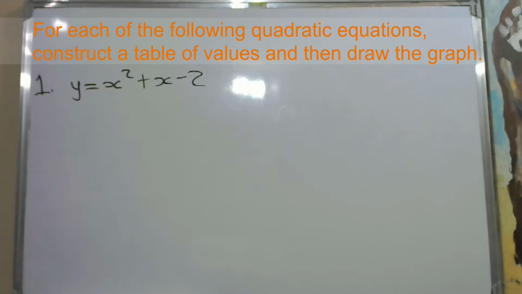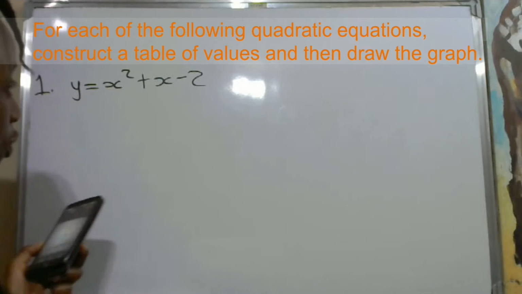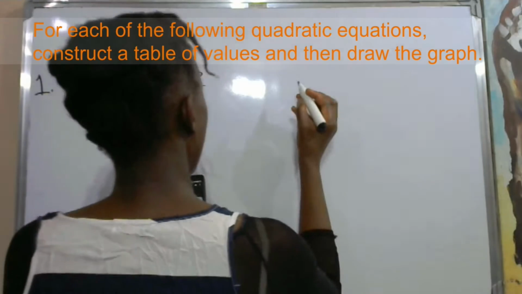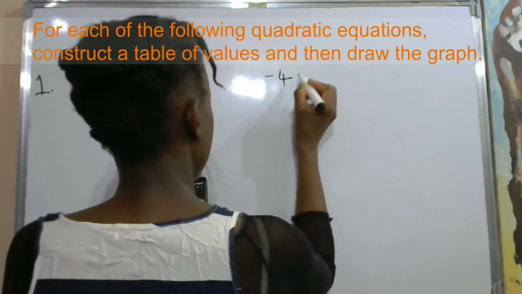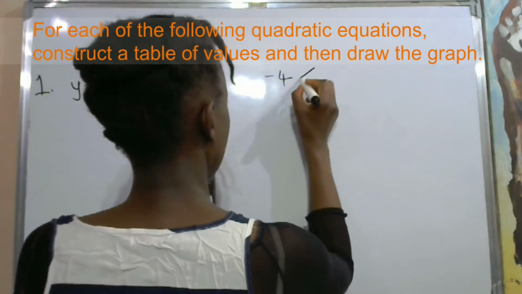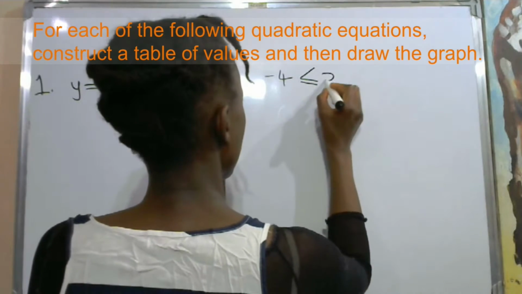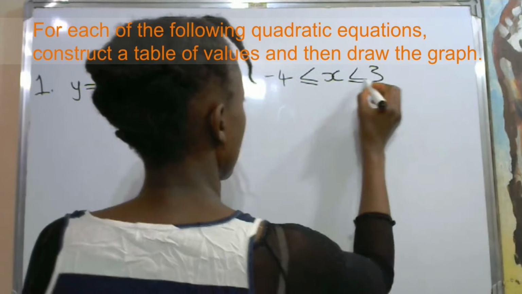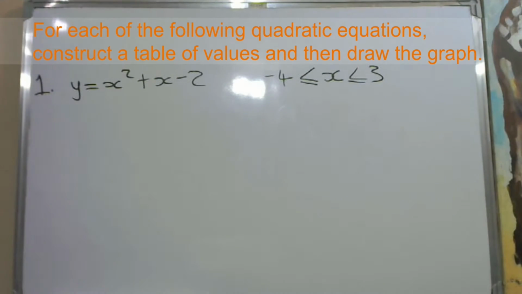And we are given the range of the x values. So our values for x should be from -4 to +3. So those are the values that were given for x.